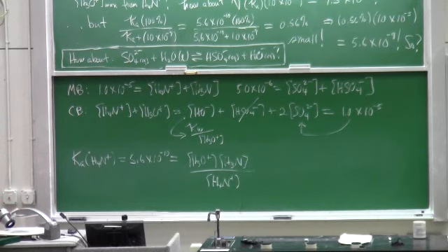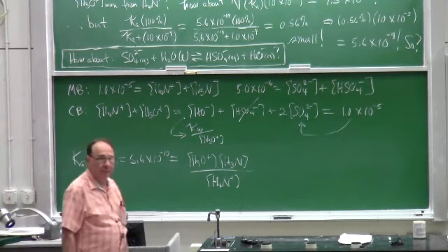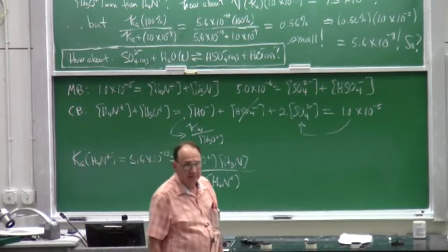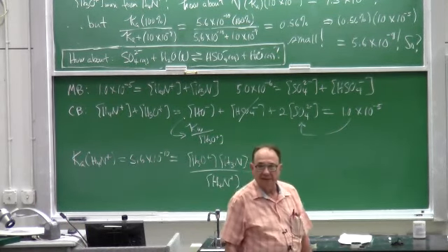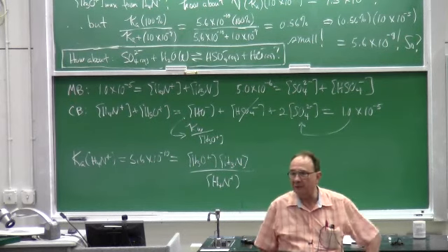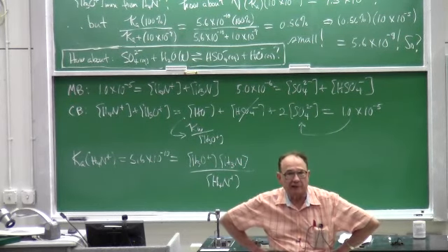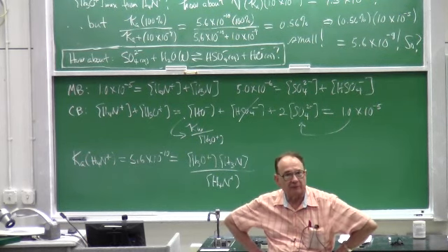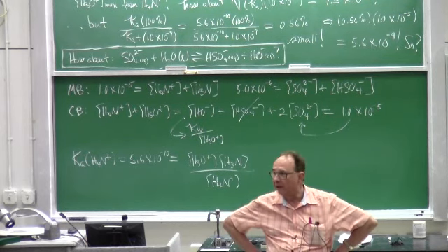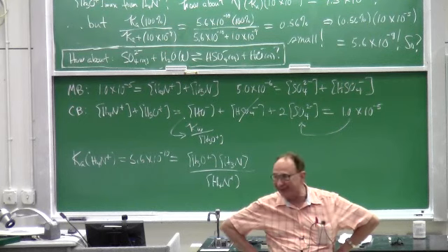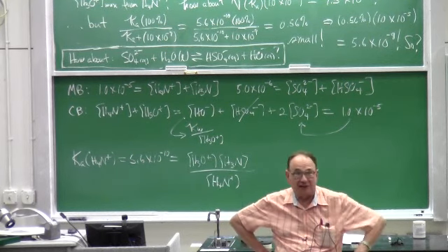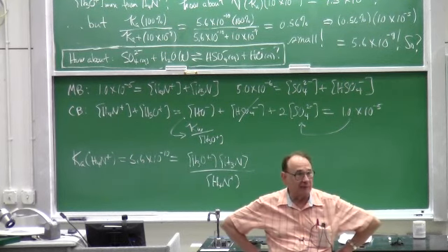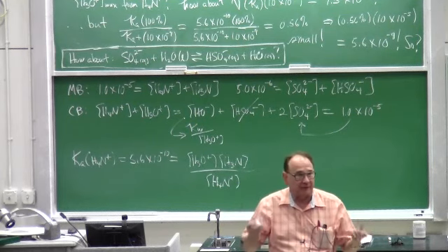Do you believe with what we have on the board we can rewrite Ka for ammonium ion so that it is an equilibrium constant expression which contains one and only one unknown? What do you think that unknown is going to be? The hydronium ion molarity, because that's what we want to calculate. We can solve this so as to make it an expression in terms of what we want to find out.